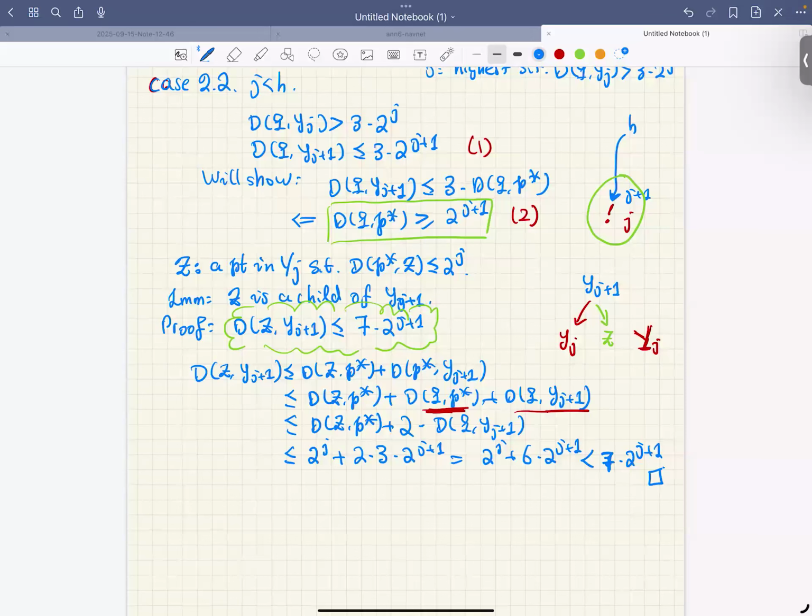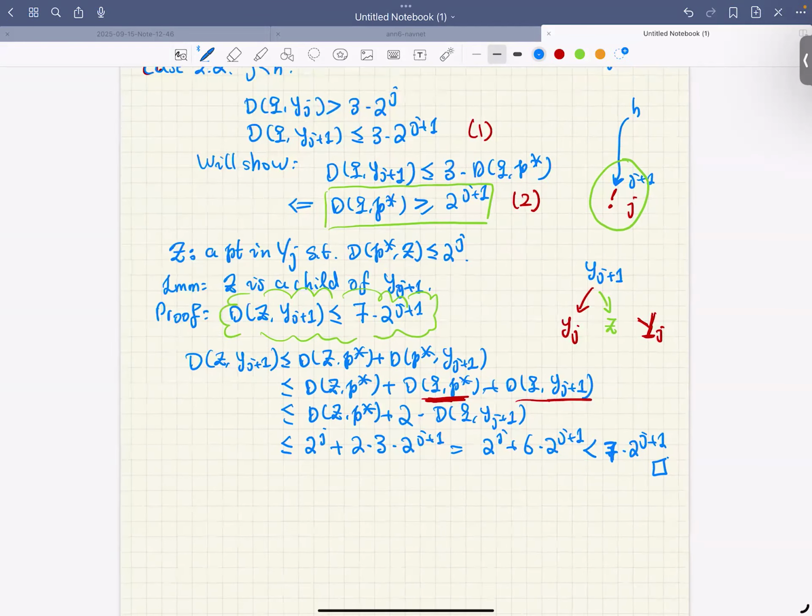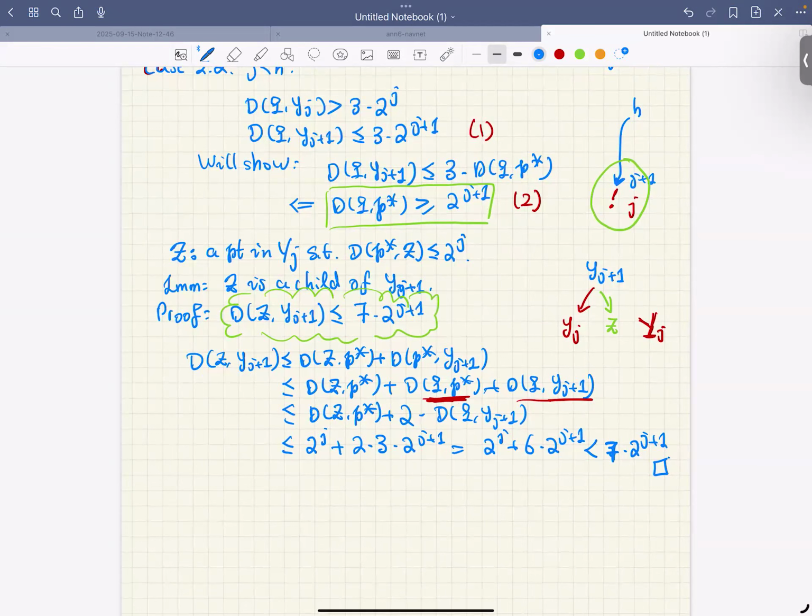All right, so here we have successfully argued that Z is a child of Yj plus 1, okay? This is very useful because your algorithm must have seen Z, right? Because you were at Yj plus 1, you must look at all the children.